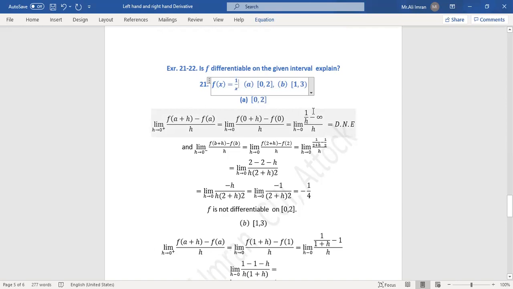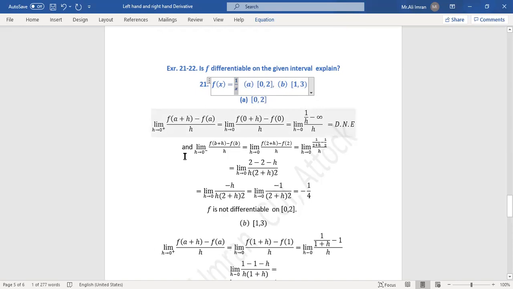Putting the value of the function, we get f of h is equal to 1 divided by h, and f of 0 will be 1 divided by 0, which is infinity, and divided by h. As in the numerator there is infinity, this limit does not exist.